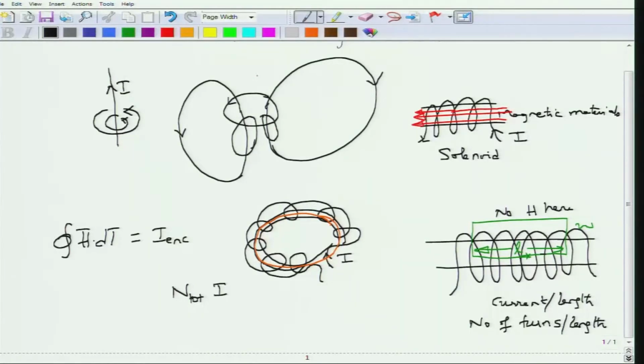So, there will only be one field which would be H, and the length of that one is L. So, this would be equal to the total current enclosed, and therefore, the magnetic field H, which would be along the axis of the solenoid, will be given by the total turns in that loop times I by L. Okay. Or you can talk in terms of turns per length and then say N into I. If you want to obtain the B field, assuming that the magnetic material inside is filled with some mu 0 mu r, then the magnetic field will be equal to mu 0 mu r N into I.